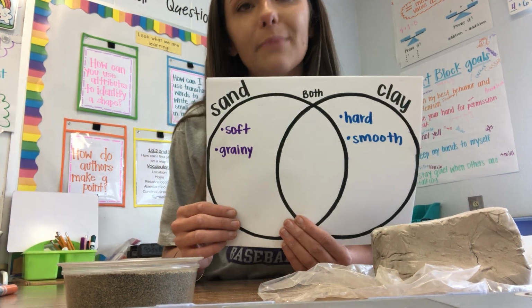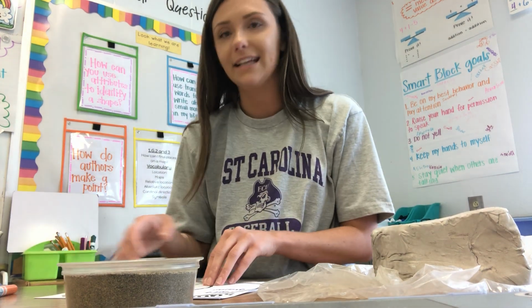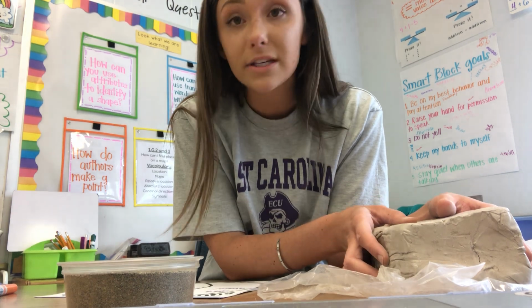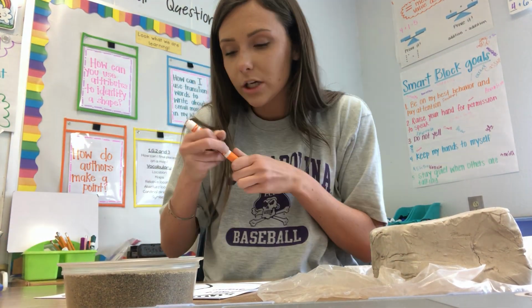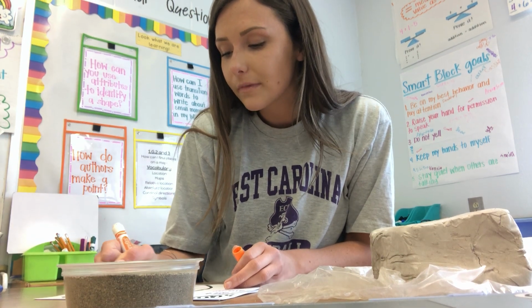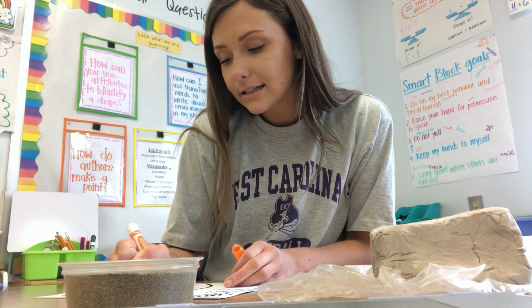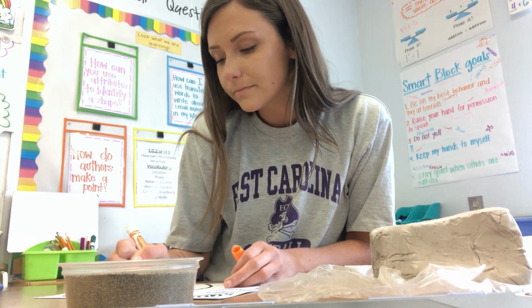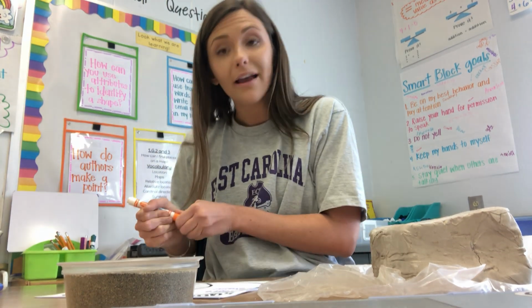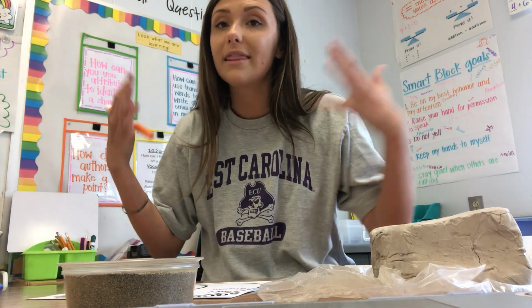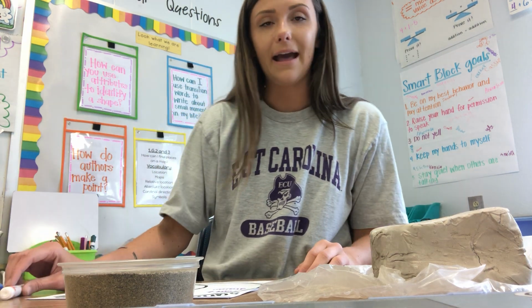So let's talk about some similarities so we can add into the middle. Sand and clay are the same because they are both types of soil. That's what we've been talking about all week. So with my orange marker, I'm going to put both types of soil. That's true, right? They're both types of soil. That's something they have in common, one way that they are the same, okay?